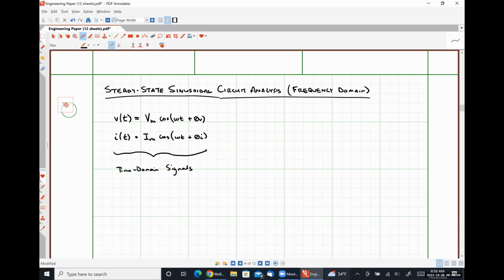Now, what I have just shown you guys is what I like to call the mixed domain. So we can say that this is equal to the real part of Vm e to the j omega t plus theta v, and our current waveform is equal to the real part of Im e to the j omega t plus theta i.